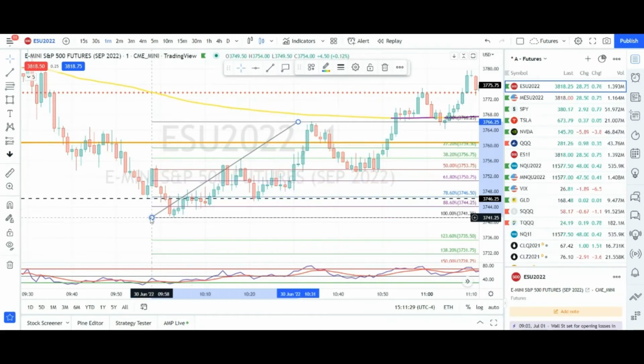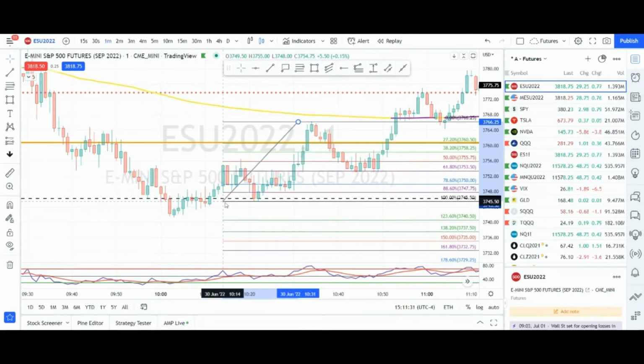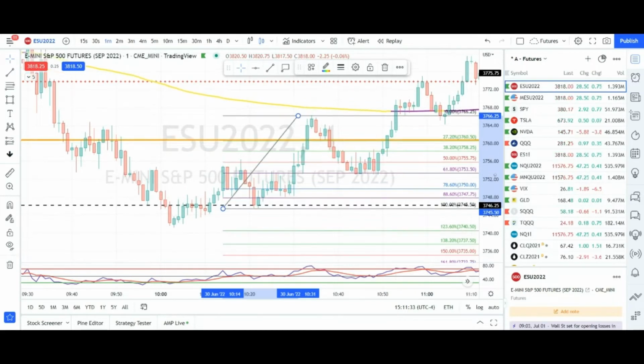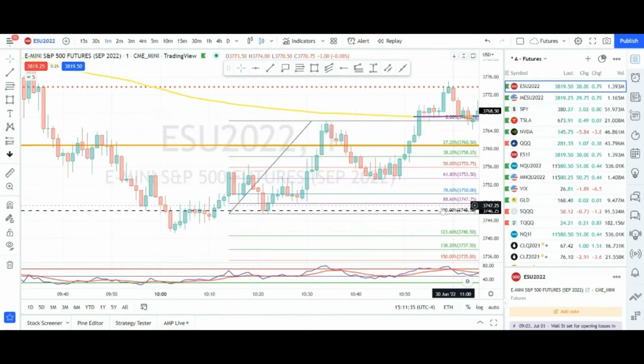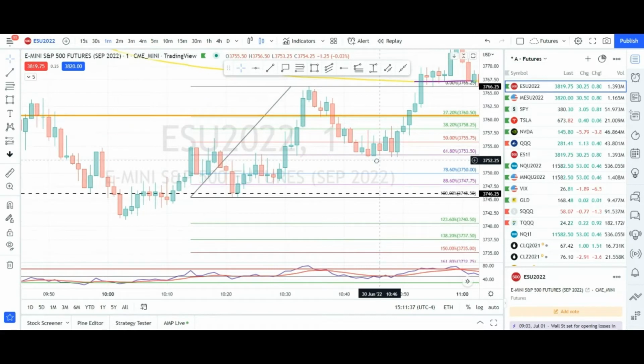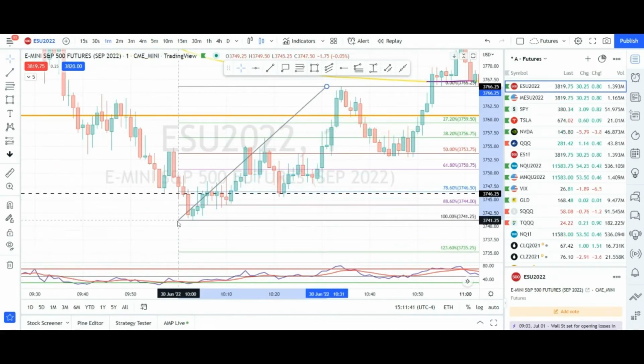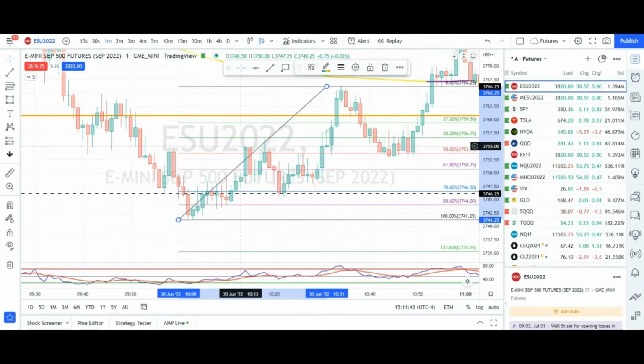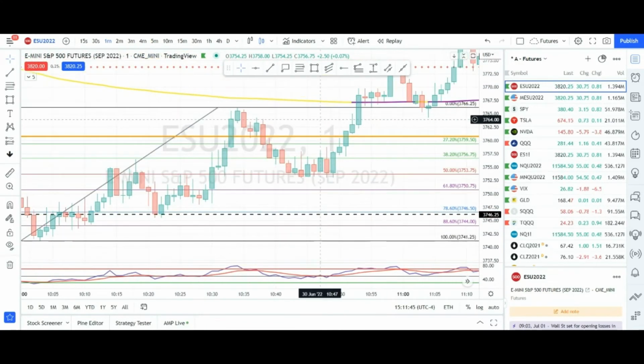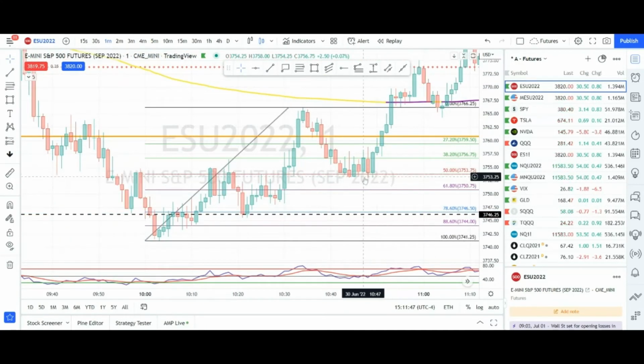This was my high, this was my low. Okay, high and sorry, low. So the price reached up to almost the 50% area, didn't break this 61.8% area, and it will go in the same direction.